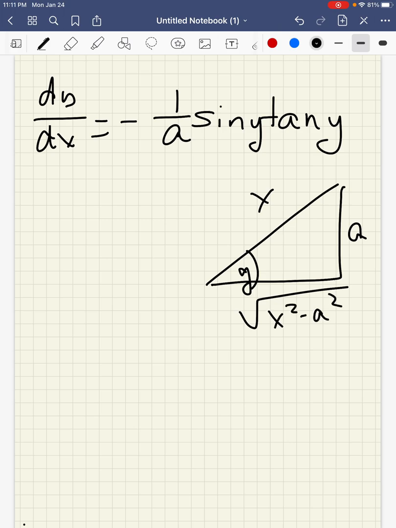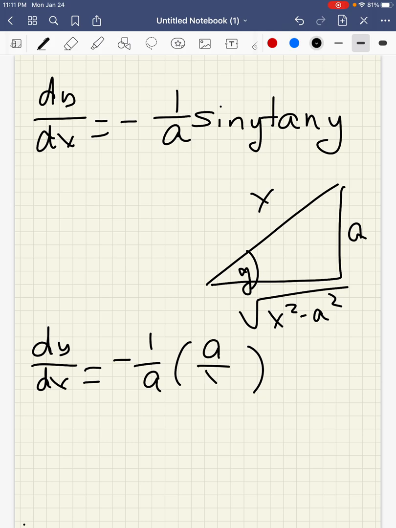So if we're going to write this, then dy dx is equal to negative 1 over a times sine of y is a over x, and tangent of y is a over the square root of x squared minus a squared.